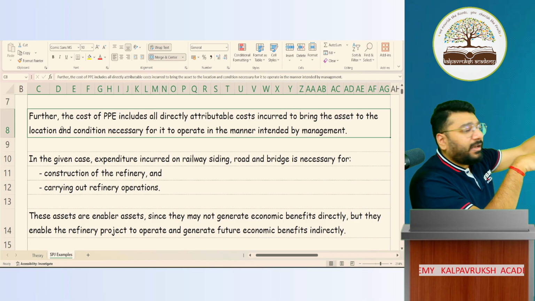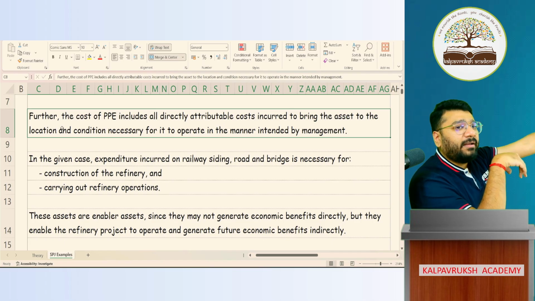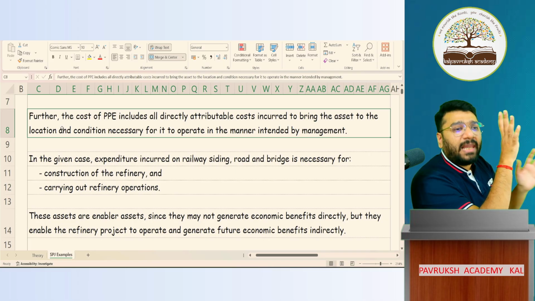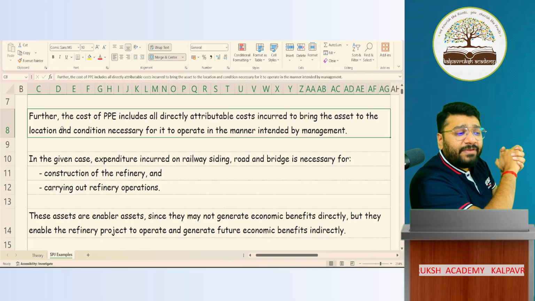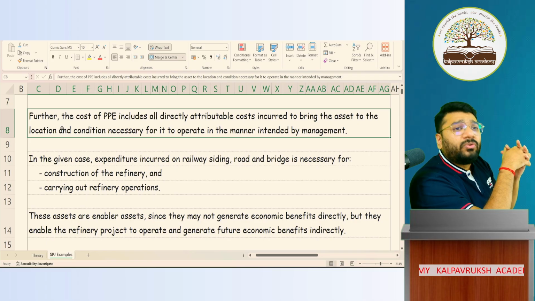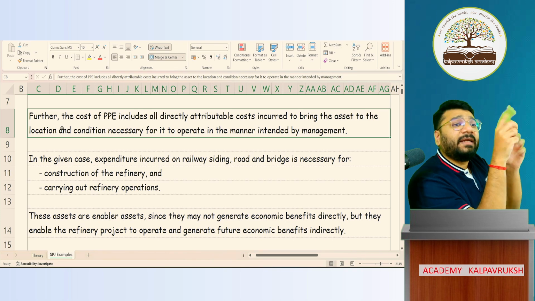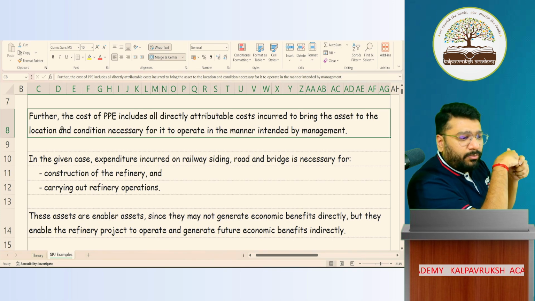Either way, you can redraft. I feel this is a little bit complicated. We can still redefine it in simple language. Further, the cost of PPE should include all the directly attributable costs incurred to bring the asset to the present location and condition and for keeping it ready for intended use. We can polish it a little bit more.